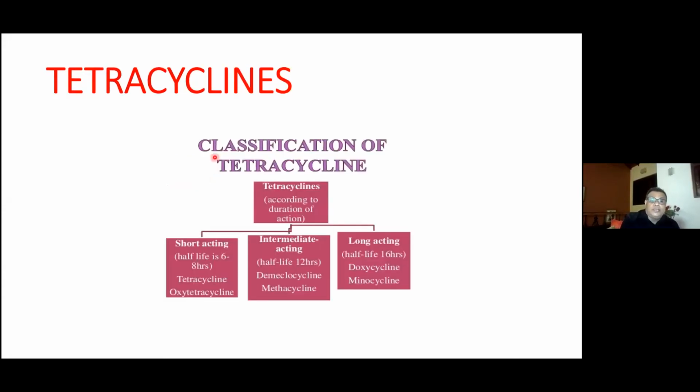Tetracyclines are classified according to the duration of action. The short-acting group includes tetracycline and oxytetracycline. The long-acting group includes doxycycline and minocycline.